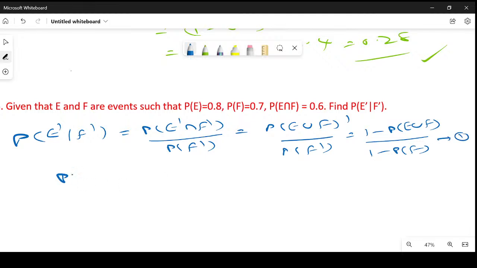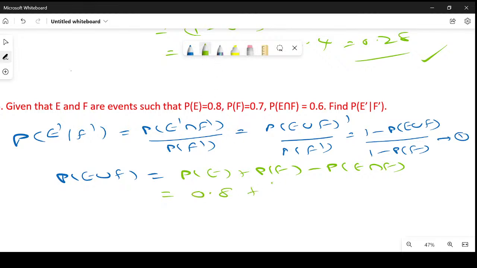Now I can find P of E union F. When finding P of E union F, it will be P of E plus P of F minus P of E intersection F. We know the values: 0.8 plus 0.7 minus 0.6.